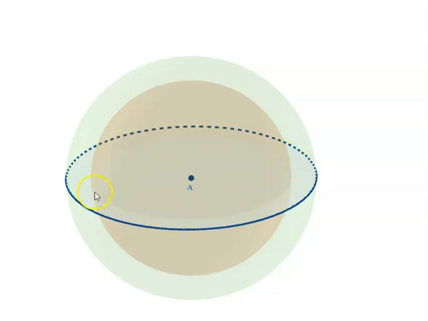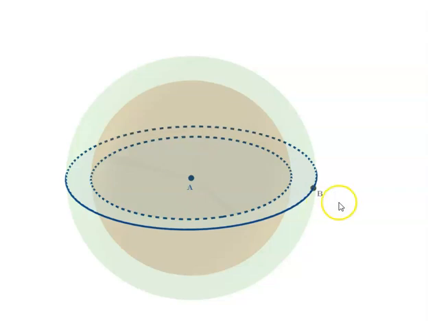So this is the circle of intersection with respect to the outer sphere and the inner sphere. Now let's mark some points on that.